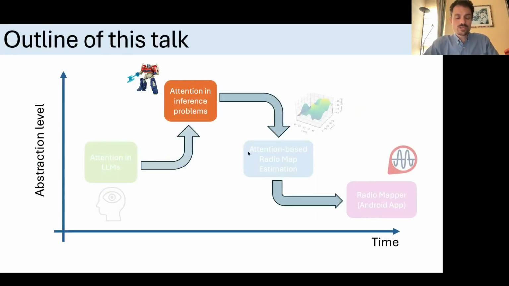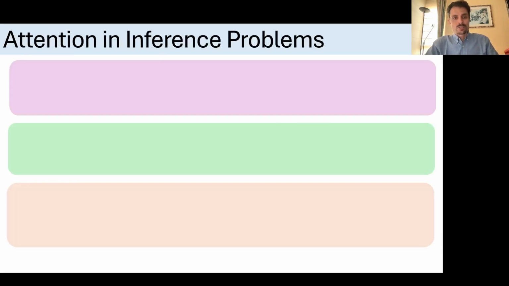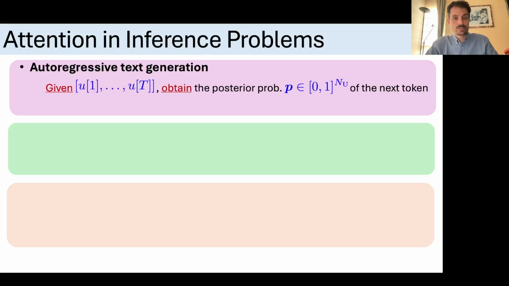So now that we understand the intuition behind attention, let's try to understand it in a mathematical way, okay? And to this end, let's look at several problems that can be tackled using the same attention ideas. The first problem is, not surprisingly, the one that we have seen so far.